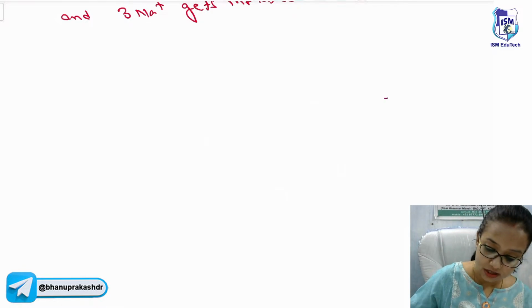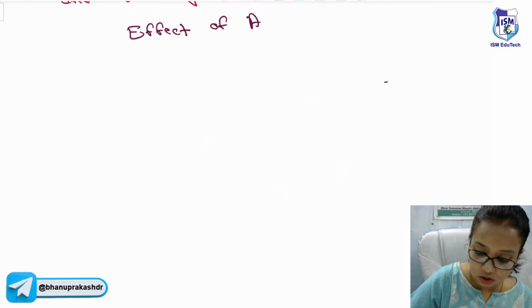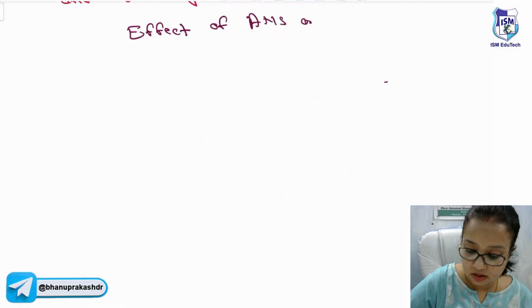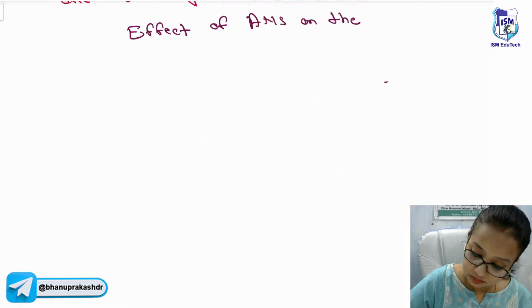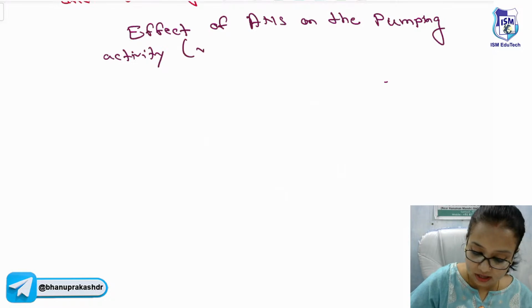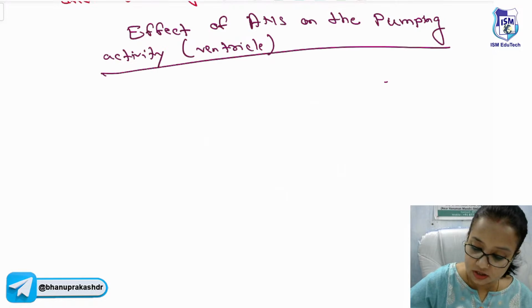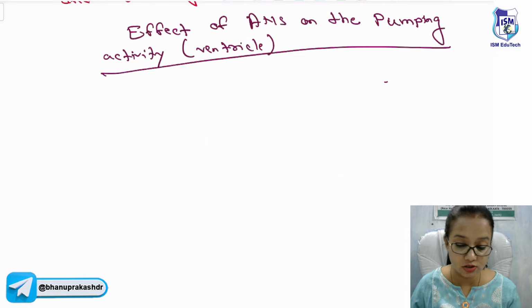But there is an effect of the autonomic nervous system on the pumping activity, especially in the ventricle. When we say the pumping activity, we mainly mean the ventricle.